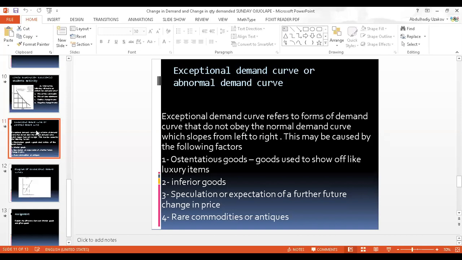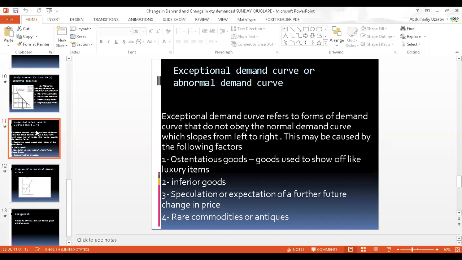Then we have goods that are referred to as inferior goods. What happens with inferior goods is that they are different from normal goods in the sense that when people start making more money, or when the price of such an item begins to fall, people start distinguishing themselves.